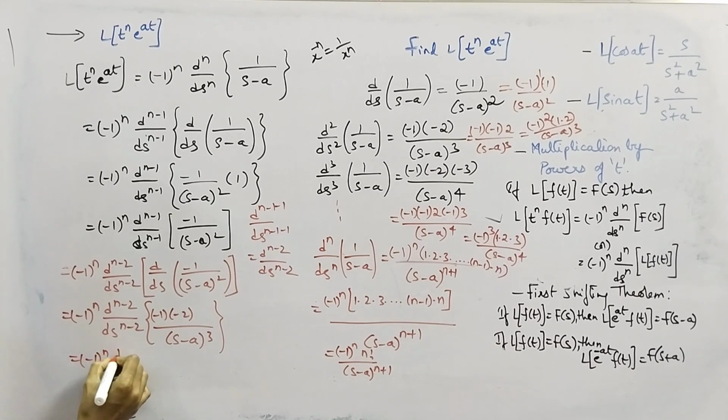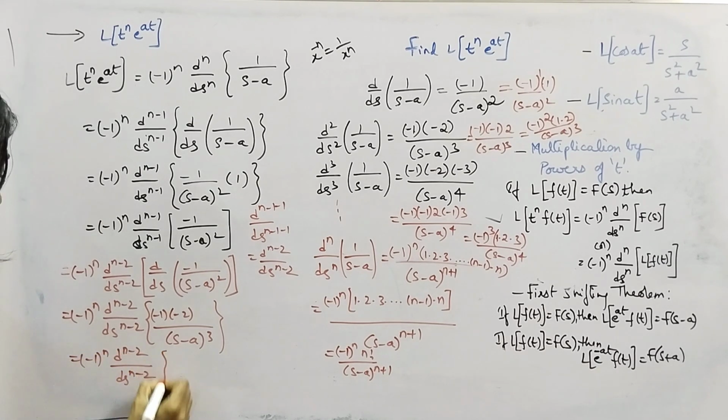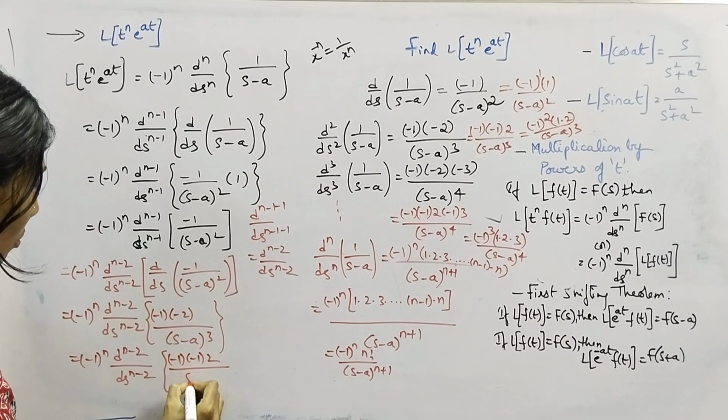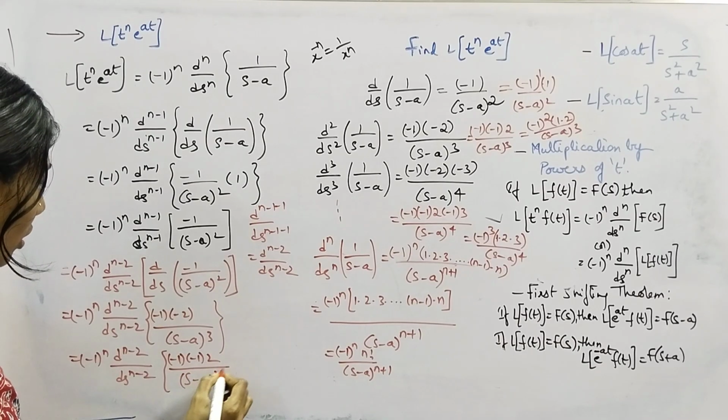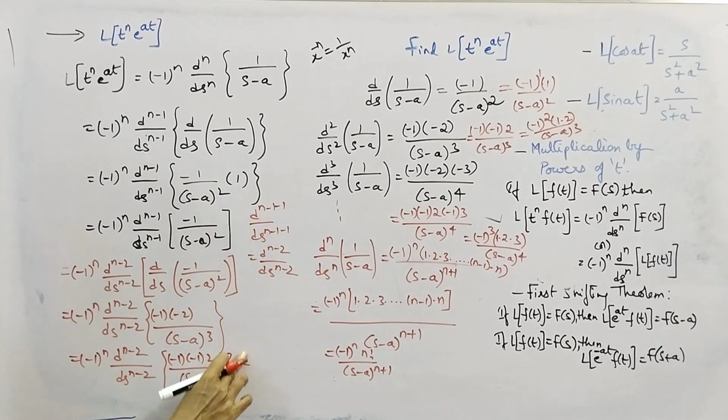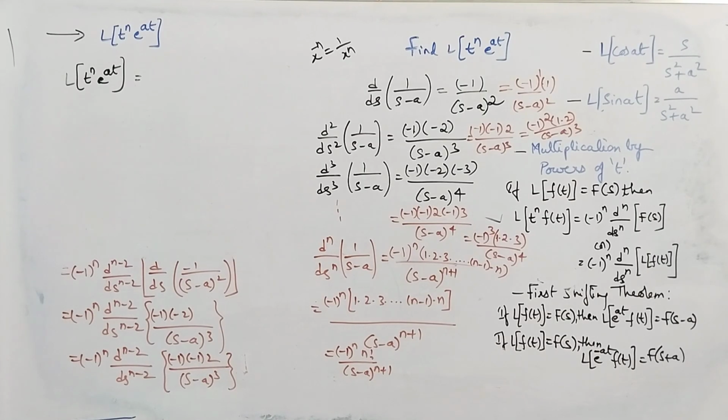So finally, let's break it down for our convenience. We'll write this as minus 1 into, you'll write minus 2 as minus 1 into 2 by s minus a whole cube, which gives us, I'm writing the same thing here.